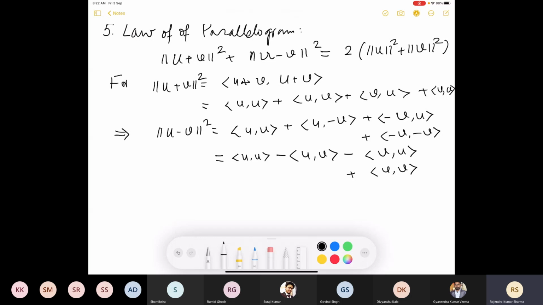Now you can see if you add the two, the norm of u plus v square plus the norm of u minus v square, there are terms which are common and with opposite signs. So u comma v here with positive sign, u comma v here with negative sign, so these two cancel with each other. The same thing happens with v comma u. In the first it is with positive sign, in the second with negative sign. So what stays is u comma u and v comma v, repeated twice.